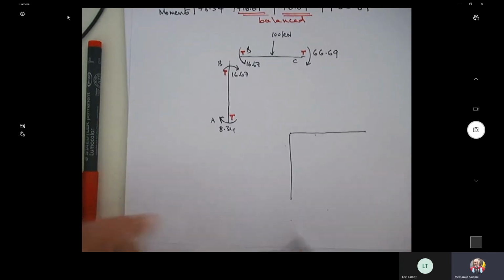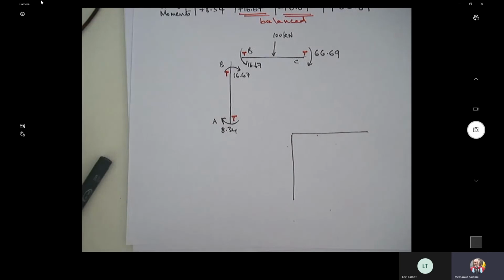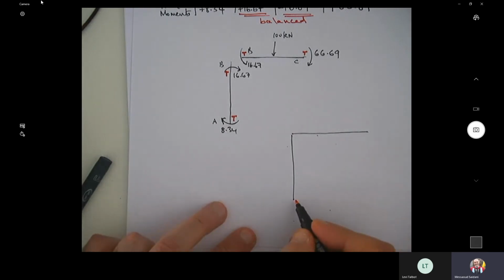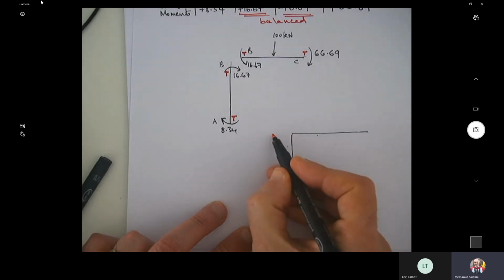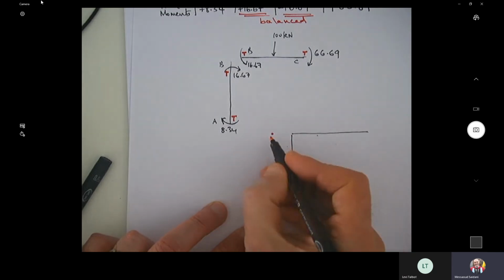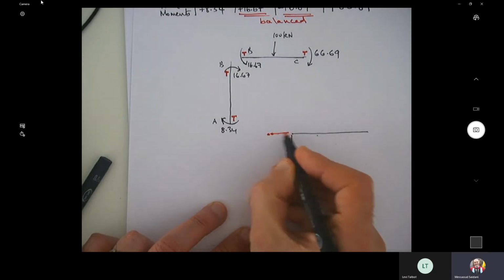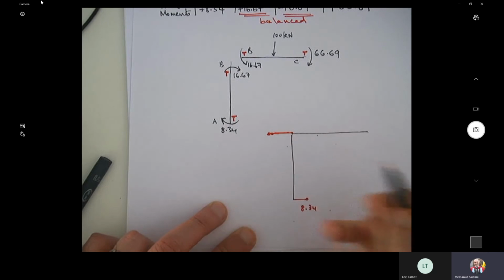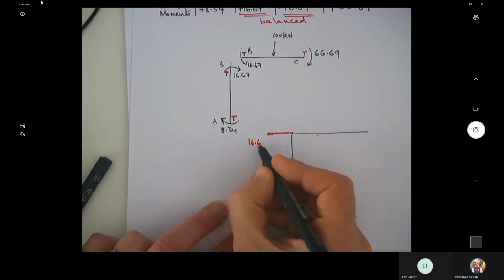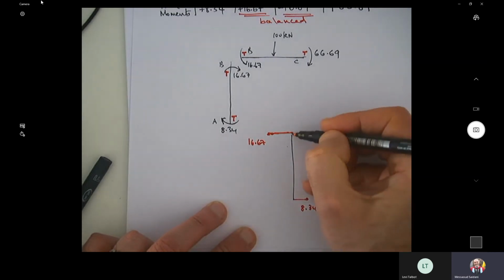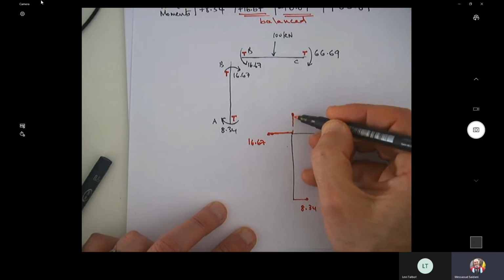So we have 8.34 on this side here. We have 16.67 on this side here. We have 16.67 on that side there.